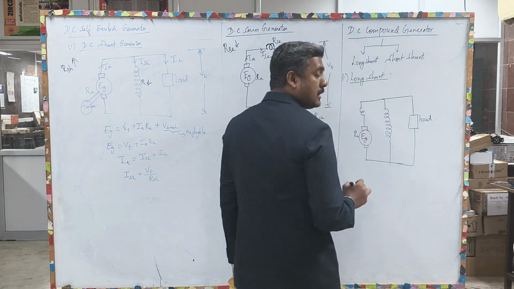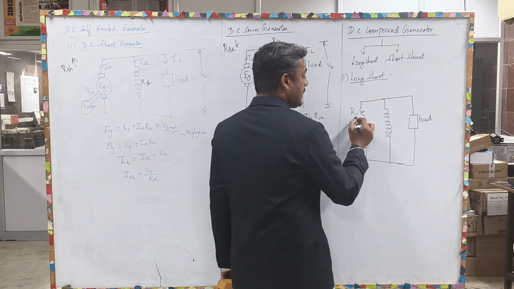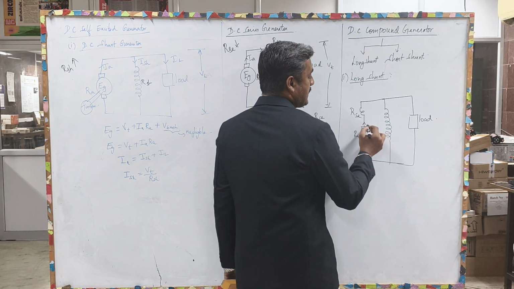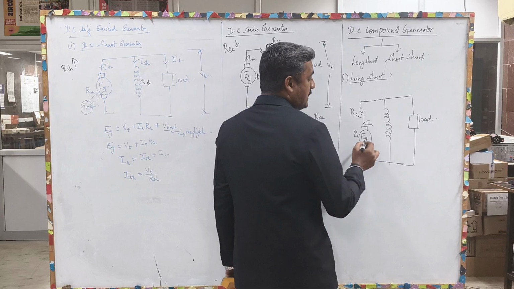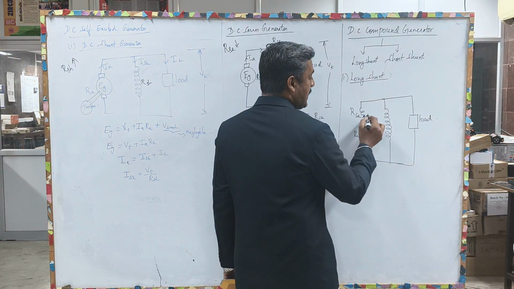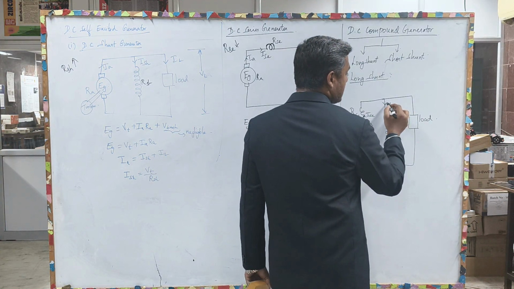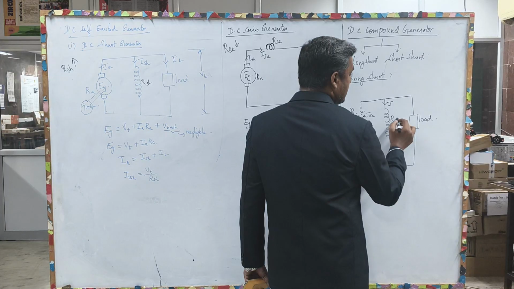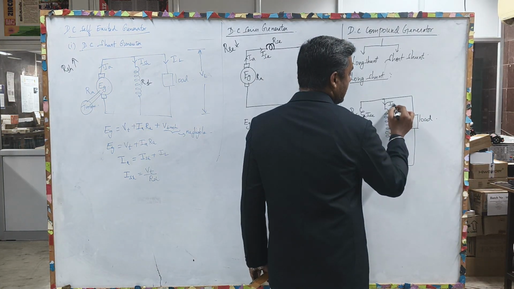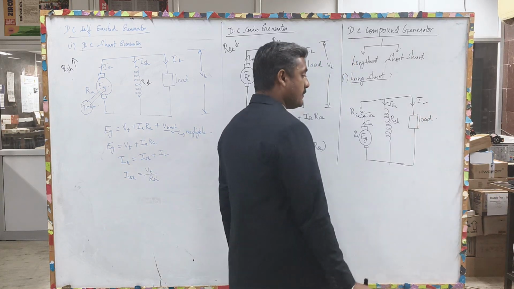Ra is the armature resistance, Rse, and the current flown from this Eg is taken as Ia, current flown towards this Rse is taken as Ise, current flown towards this Rsh is taken as Ish, and current flown towards this load is taken as IL.